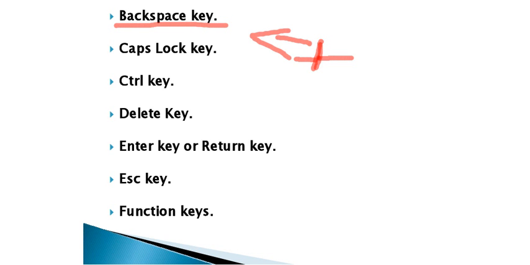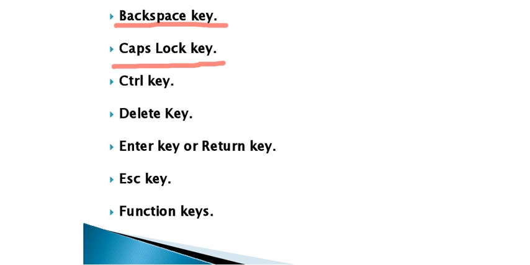And the next one, that is caps lock key. This caps lock key is actually the toggle key, which when activated causes all the alphabet characters to be uppercase.